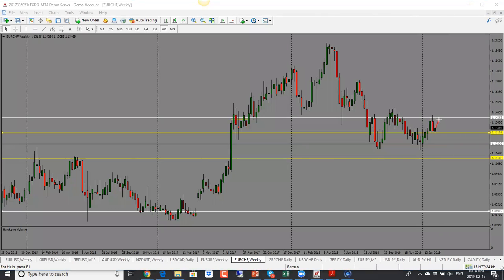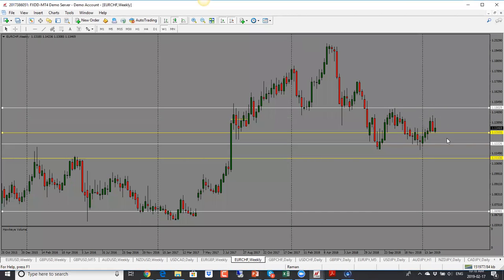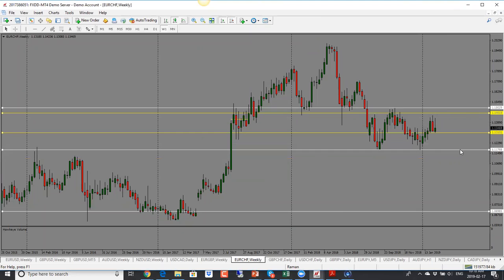So it could go all the way up before it drops, and potentially then looking for it to move lower towards 1.1220. So bias here will be bearish for our Euro Swiss franc.